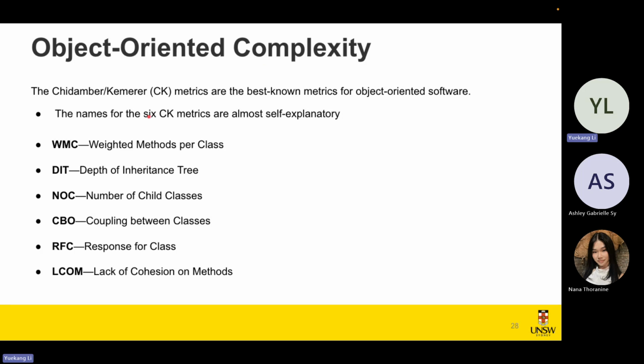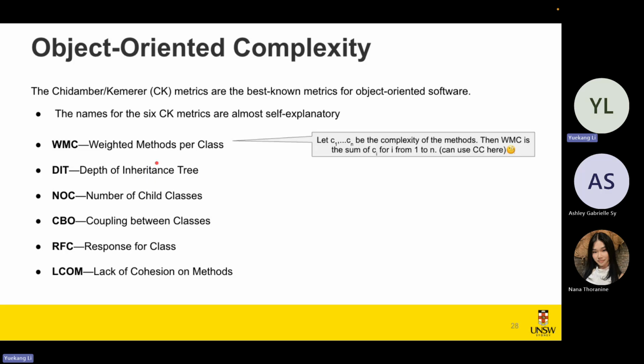So it is actually made out of 6 different metrics, and these are the 6 metrics. Most of the calculation methods are actually explained by the name.